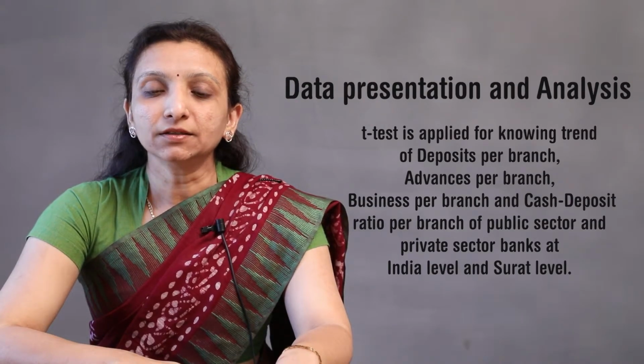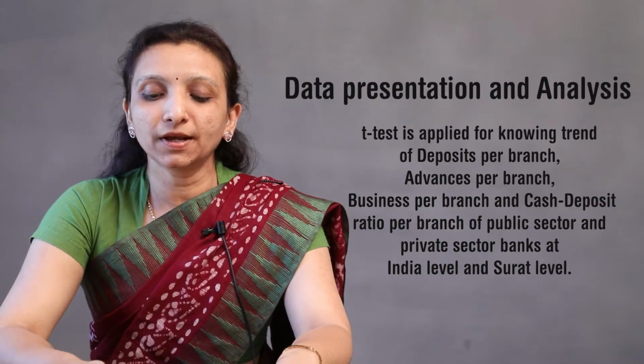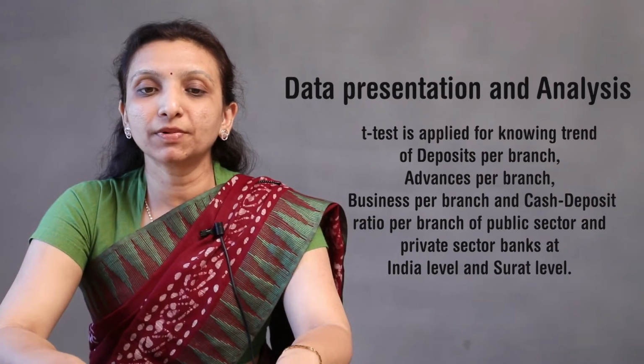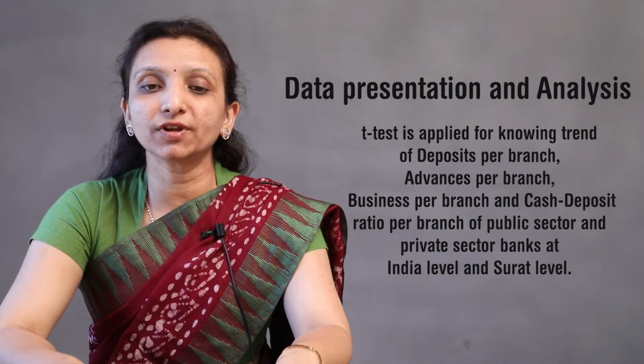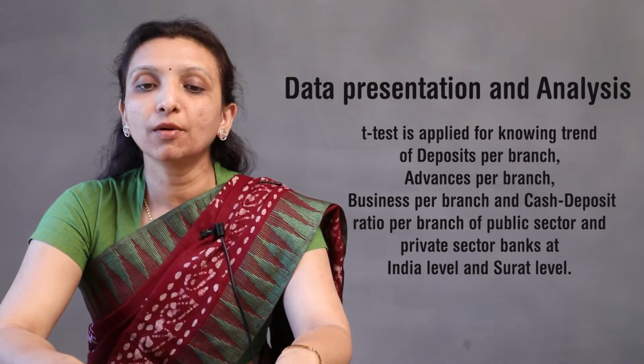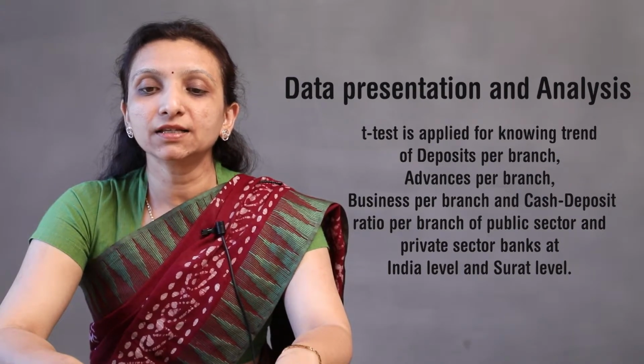T-test is applied for knowing the trend of deposit per branch, advances per branch, business per branch, and cash deposit ratio per branch of both the sectors at India level as well as Surat level.